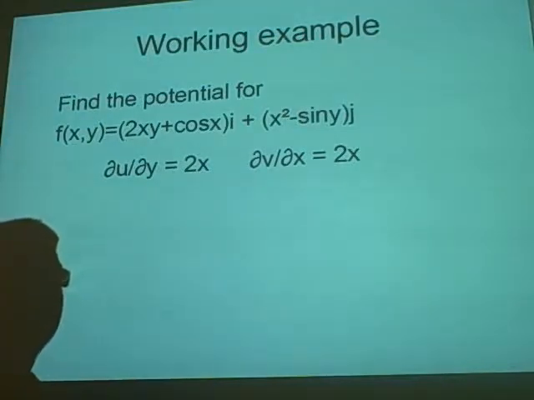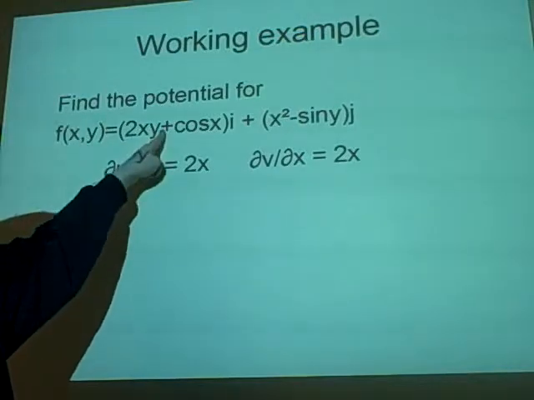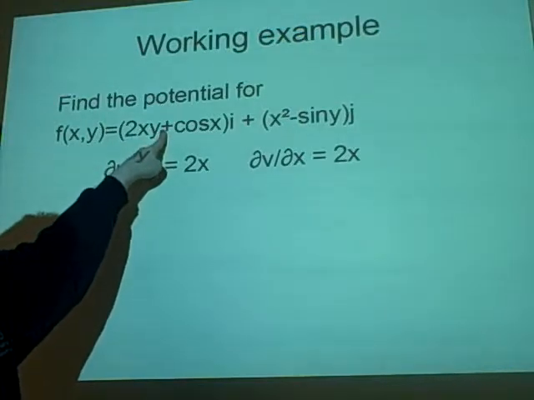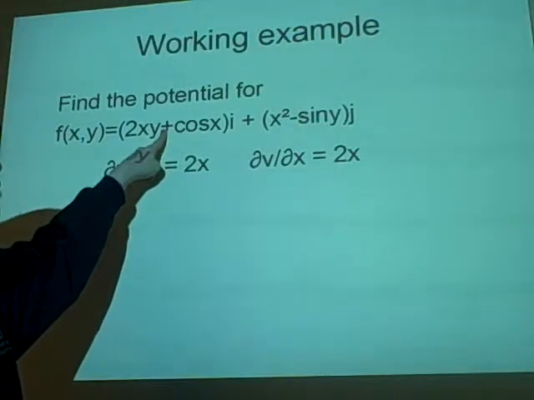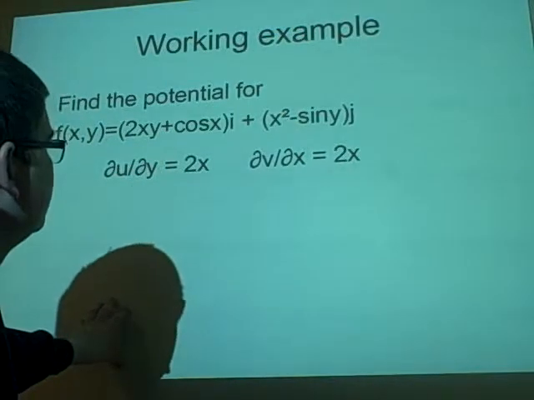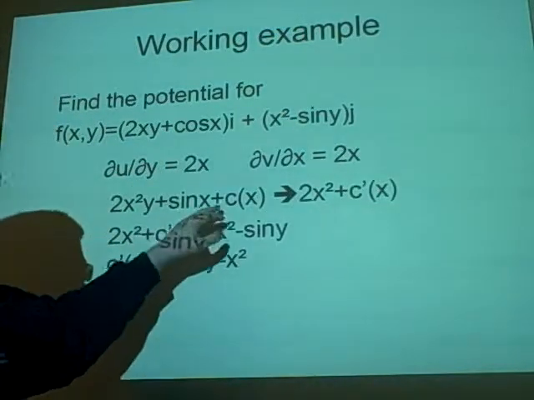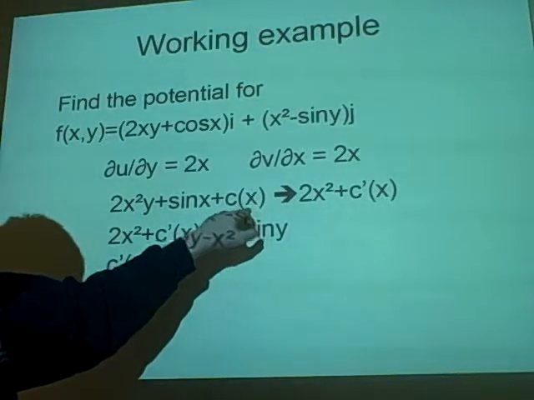Right, next we integrate this with respect to x, which will give us x squared y plus sine x plus c of x. c of x is our constant.